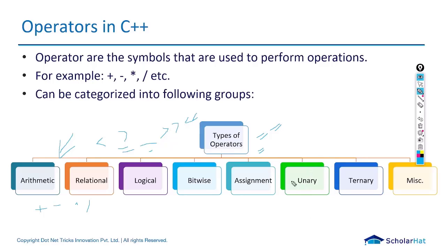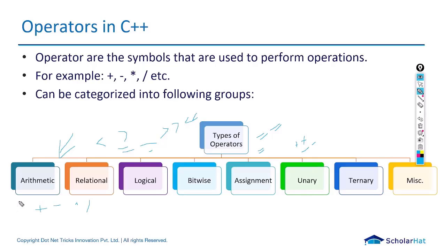When we say unary operator, we'll be using increment and decrement. So those will be unary operators. Plus plus is the increment operator, and minus minus is the decrement operator. Those are called unary operators.